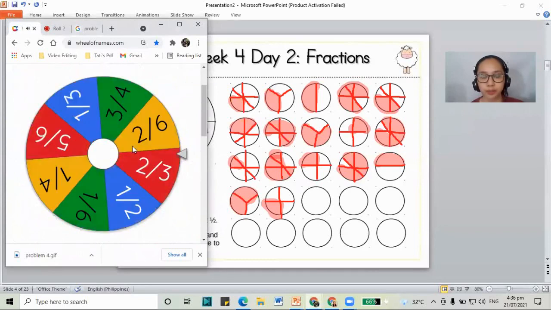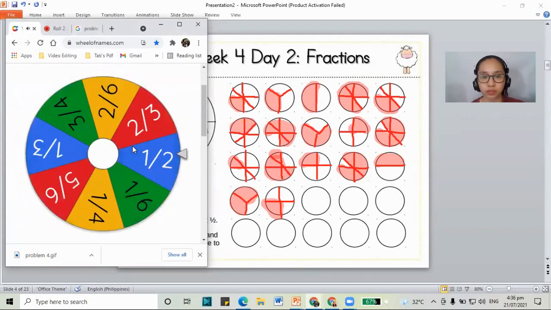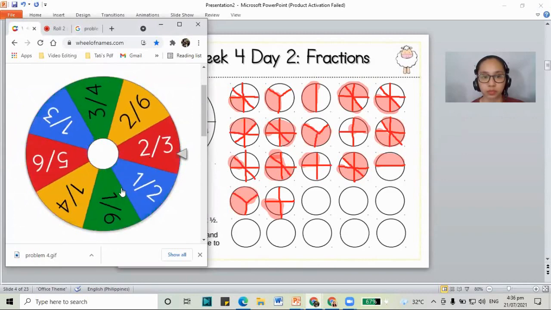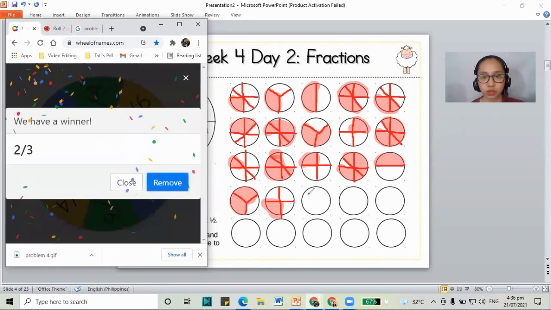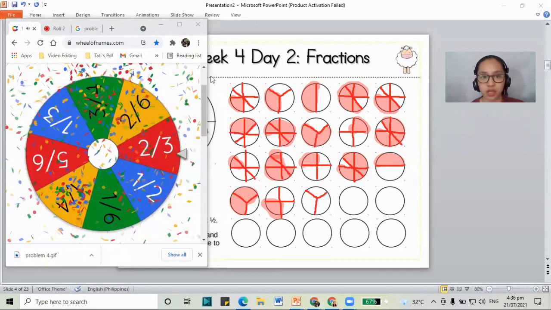Next one. You have 2/3. Cut the pie into 3 pieces, but you only get 2 of the slices.